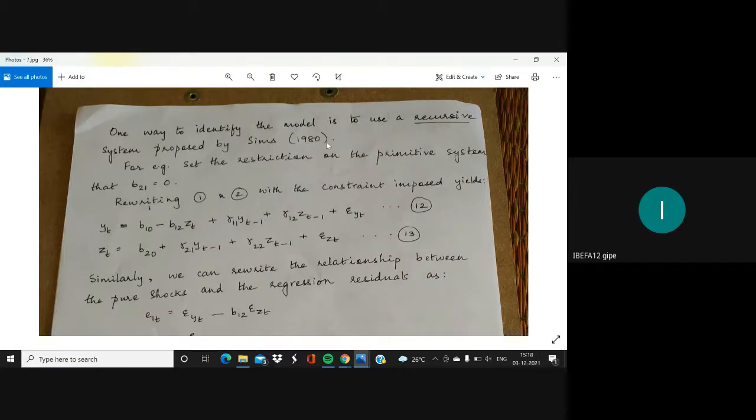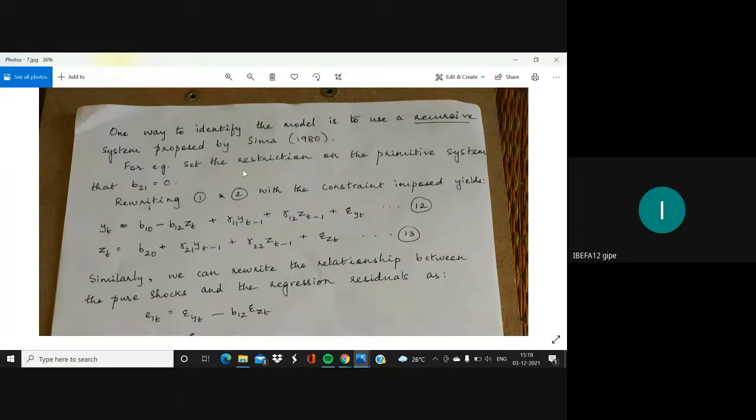If you recall from what I said in the previous class, this is Christopher Sims, who also received a Nobel Prize for his work on VAR models. He did a lot of work for the development of VAR models itself. He proposed this recursive system, and it can be used to identify the structural model and recover estimates of all the structural parameters.